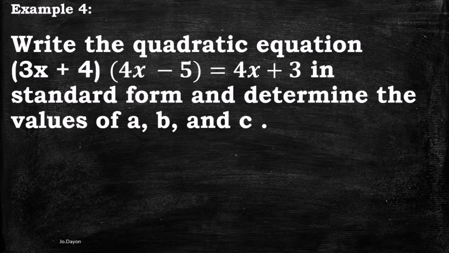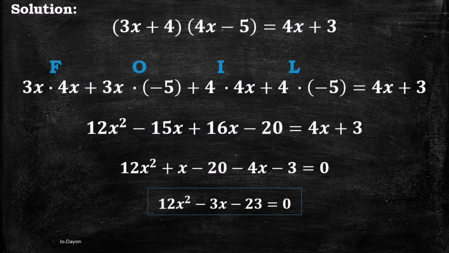Now, moving on with our example number 4. Write the quadratic equation (3x + 4)(3x - 5) = 4x + 3, and determine the values of a, b, and c. For our solution, we are going to use again the FOIL method. So we have to multiply the first terms, 3x times 4x.